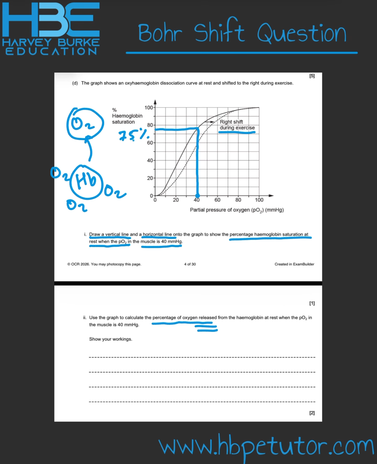So because 75% of it is saturated, filled with oxygen, it just means that 25% has been released, and it's asking what has been released. So 75% is still bound, and therefore only 25% has been released or dissociated from hemoglobin.